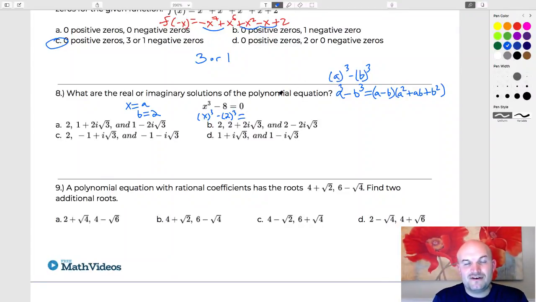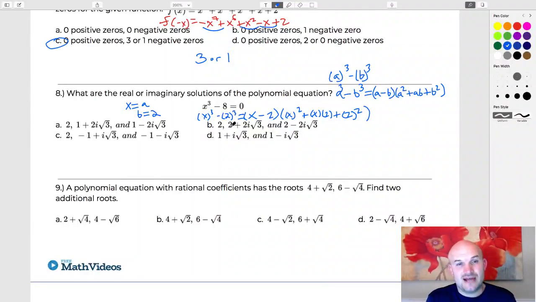So if I was going to write this out, this would be x minus 2, and then x squared plus x times 2 plus 2 squared. Now again, it's asking us to give the zeros. You can see here that 2 is definitely a zero. That's part of the factor, so that one doesn't work.